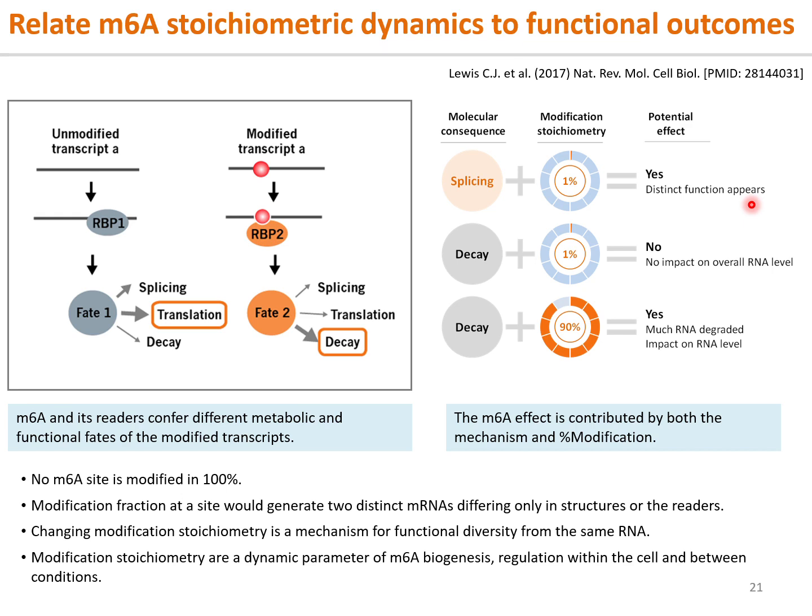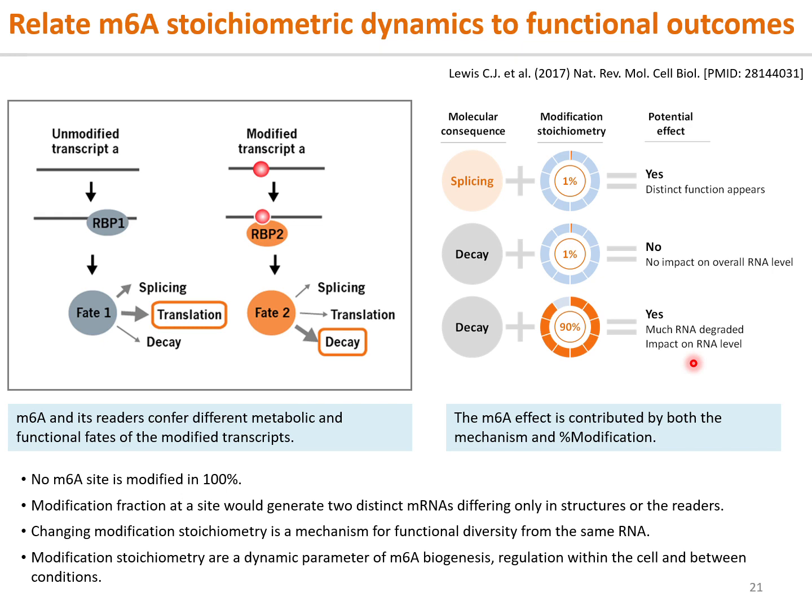On the other hand, if the molecular consequence of m6A modification is RNA decay, a small percentage of modification is not going to have a big enough impact on the overall RNA level. In this case, a larger percentage of modification is needed to cause an appreciable RNA level change. Therefore, the m6A effect is contributed by both the molecular mechanism and the percentage of modification.